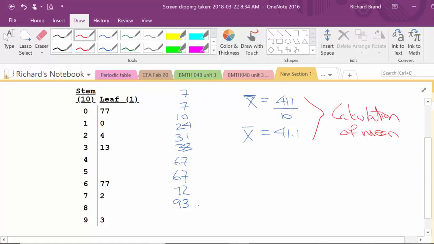The total is 411. I then take the total and divide it by the number of terms, which was 10 from my histogram. So the mean turns out to be 41.1. Okay, that's the mean.